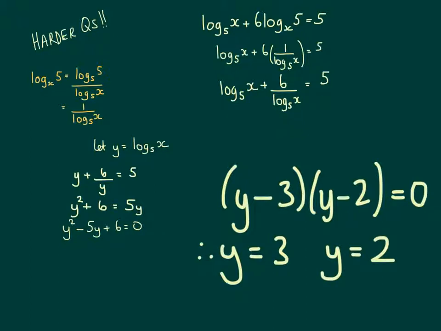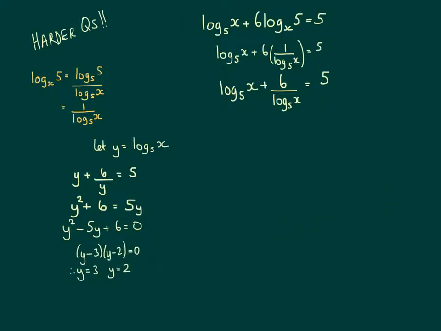Remember now though, that's not the equation solved, that's our easy equation solved, which we changed our harder equation into. Because remember, those y's are representing log to the base 5 of x.